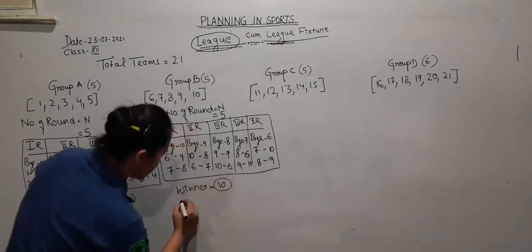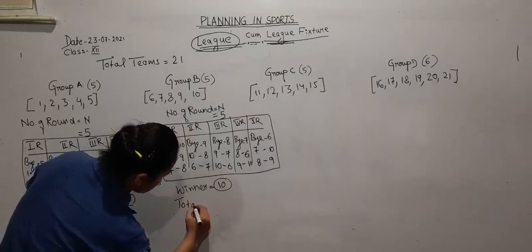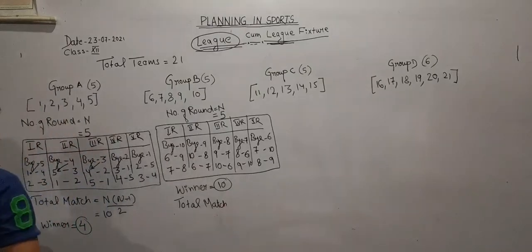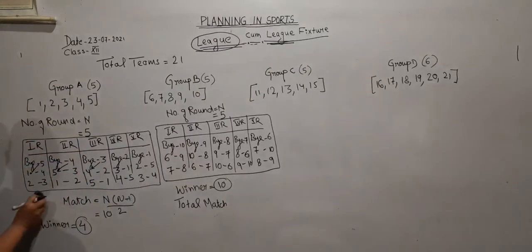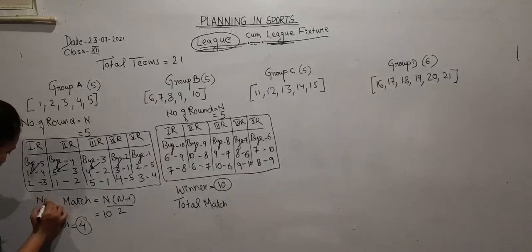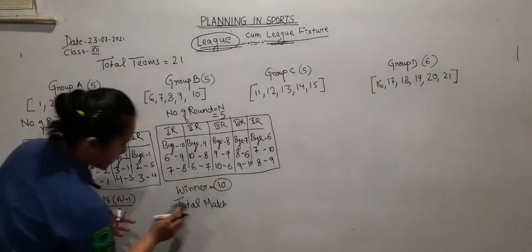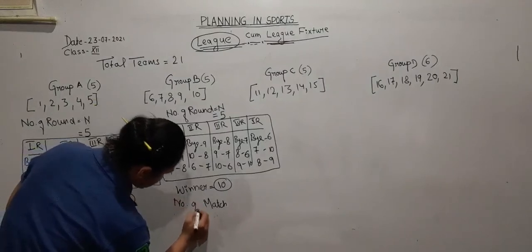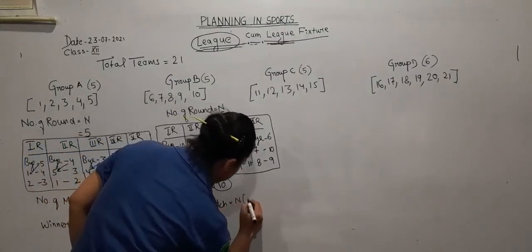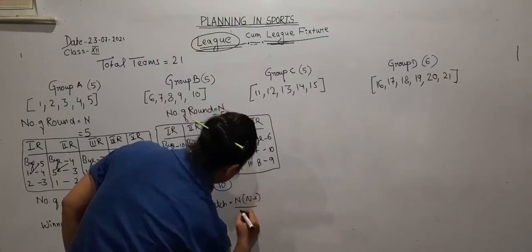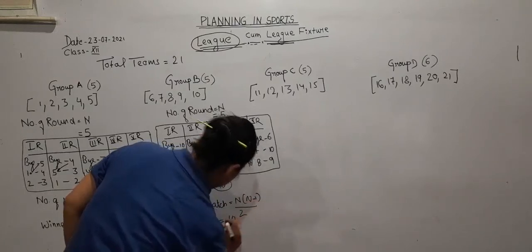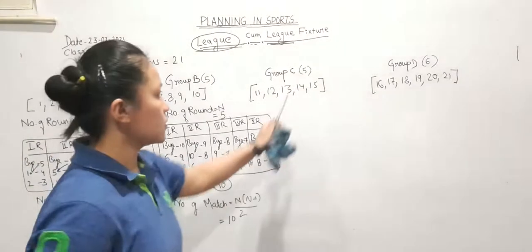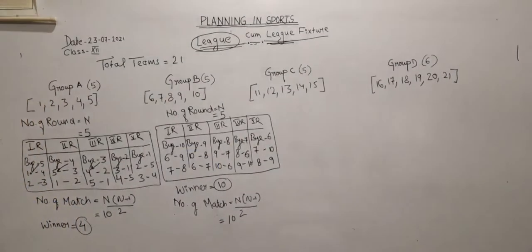Okay, let winner is 10 and total match, number of matches: (n minus 1) upon 2 means there will be 10 matches in this tournament. Same we have to do for group C and group D.